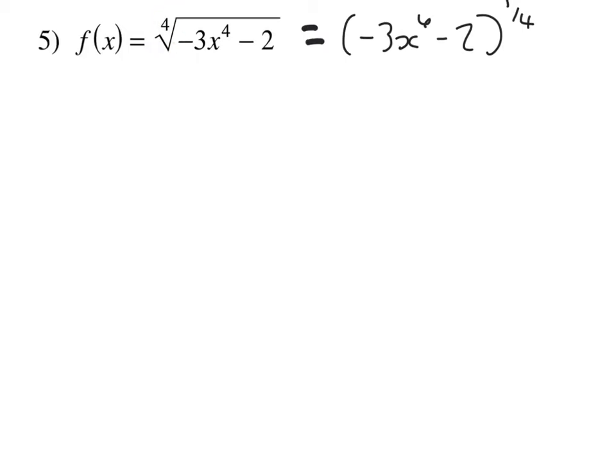So the fourth root of anything is really that raised to the power of a quarter. So now I can apply my chain rule.